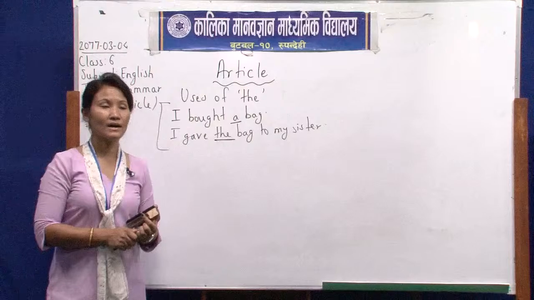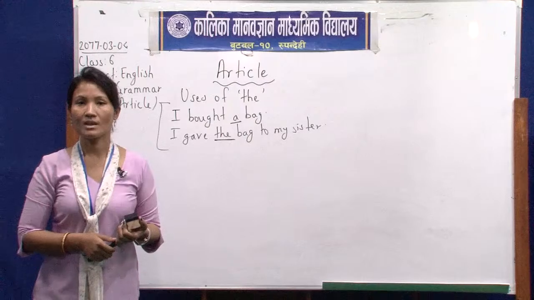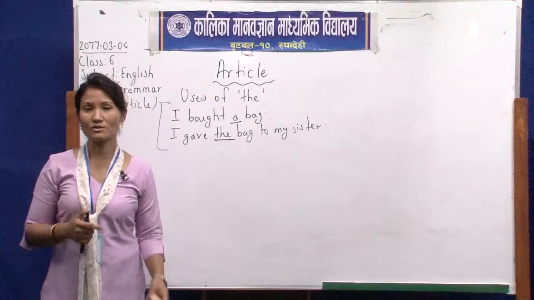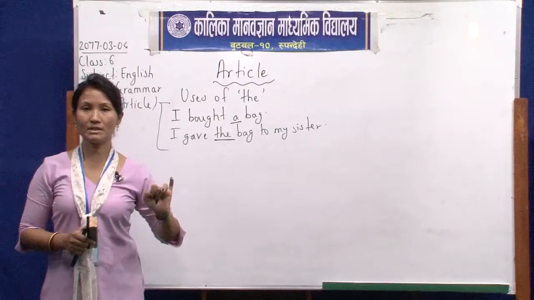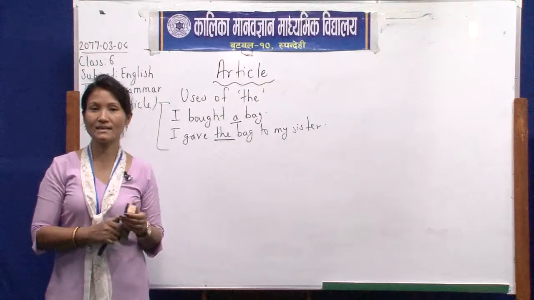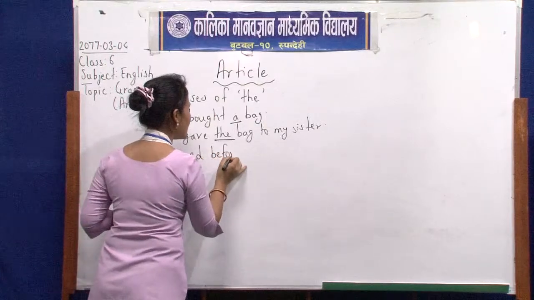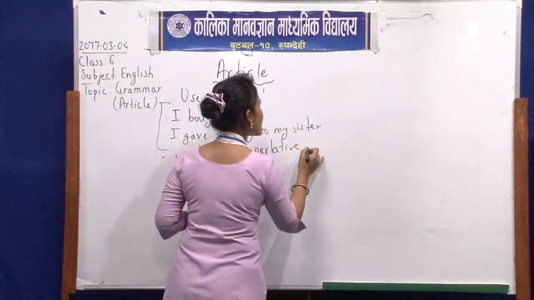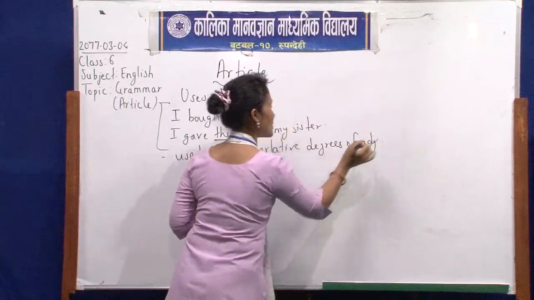Now, the second use of the is that it is used before a superlative adjective. You need to have information about superlative adjectives also. In adjectives there are three forms, isn't it? Positive, comparative and superlative. For example, tall, taller, tallest. So tallest is the superlative form. The is used before superlative degrees of adjectives.